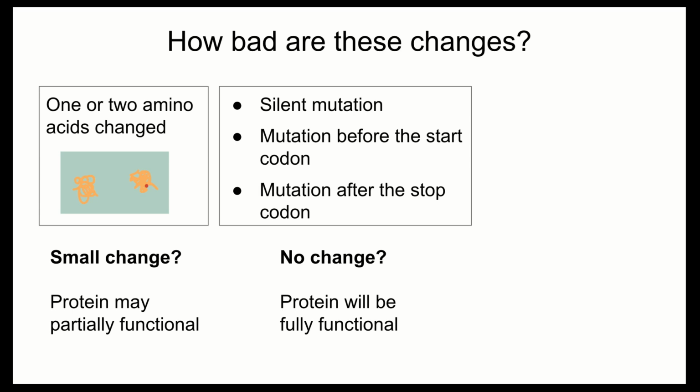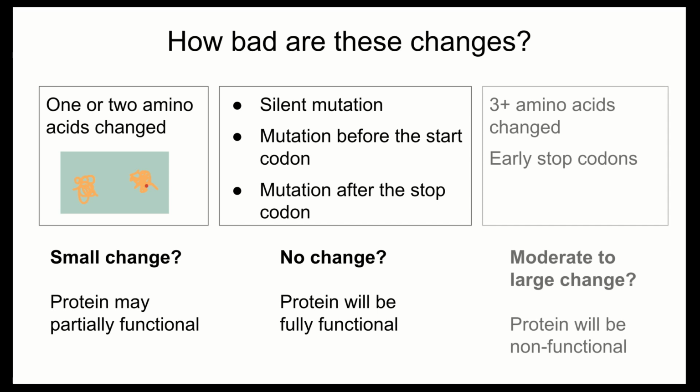No change would result from a silent mutation where we've got a change in the DNA that doesn't change the final amino acid sequence. It would also result from a mutation before the start codon or a mutation after the stop codon. If it's outside of where we're translating, it's not going to be a big deal. What about a moderate to large change?